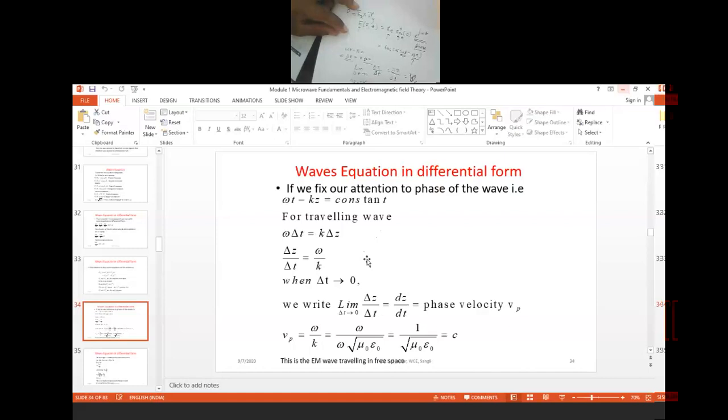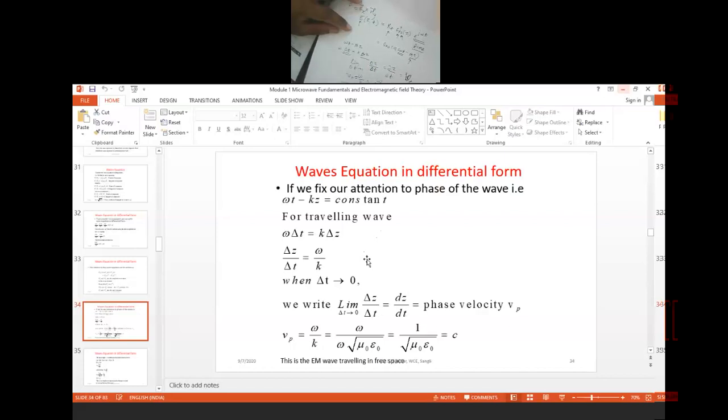Omega by k. And k we obtained earlier: k is equal to omega under root of mu 0 epsilon 0, so Vp is equal to 1 by under root of mu 0 epsilon 0, and that is nothing but c. So Vp is equal to c, which is 3 into 10 power 8.